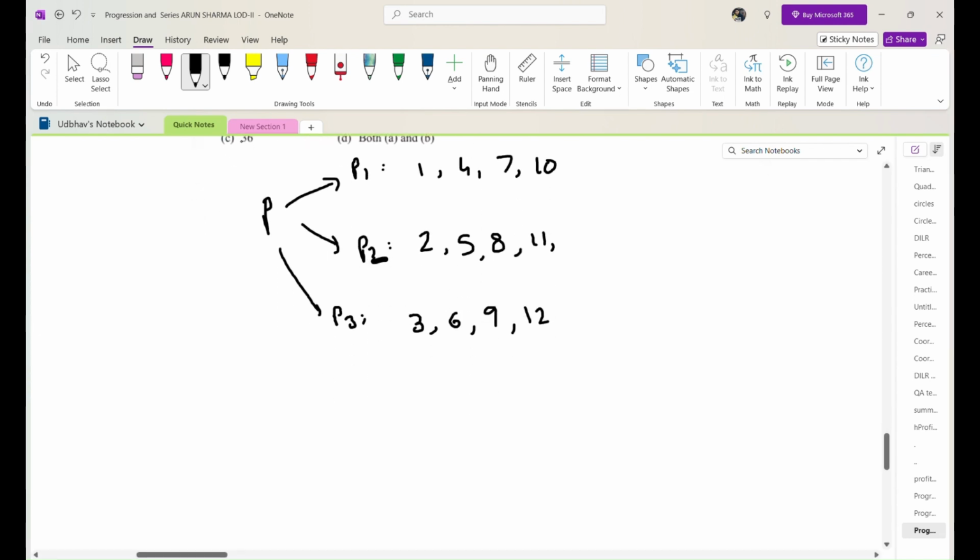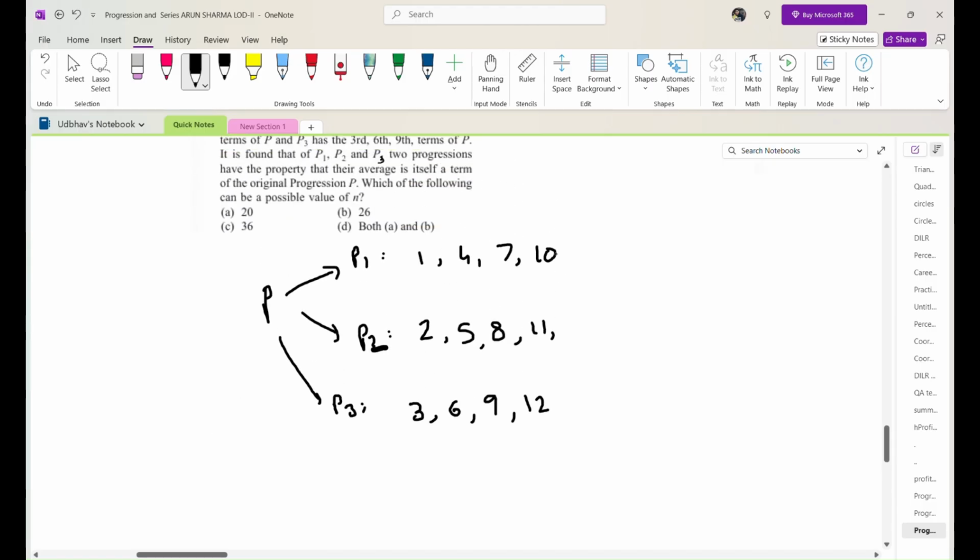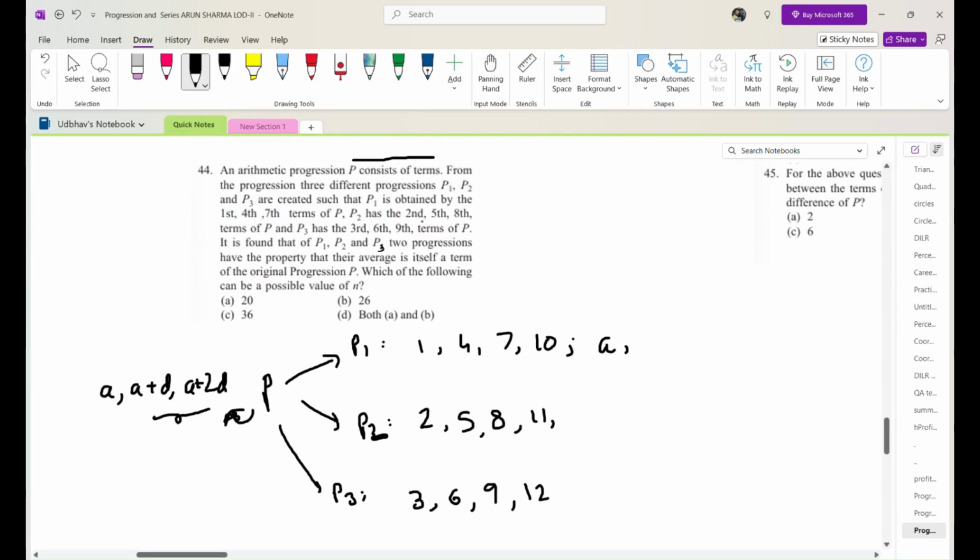First let's check P1 and P2. Let's consider this as A, A plus D, A plus 2D. This is our P. So P1 will be A, then the fourth term A plus 3D, then the seventh term A plus 6D.